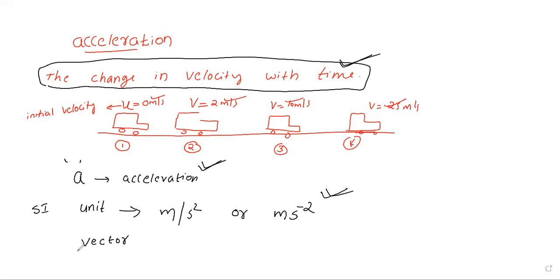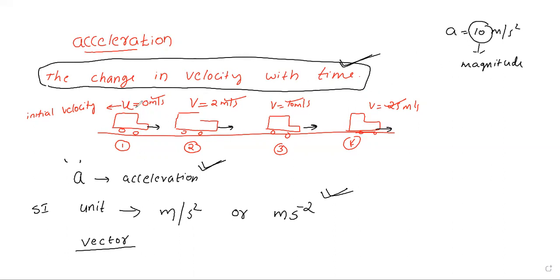Now, acceleration is a vector quantity. It has both magnitude and direction. Here, what is the magnitude? Suppose a equal to 10 meter per second square. So this 10 is called the magnitude. And what is the direction? This is the direction of the vehicle, towards the right.